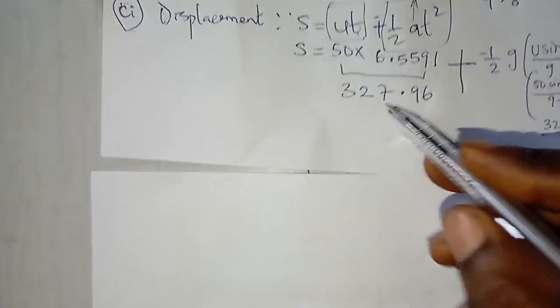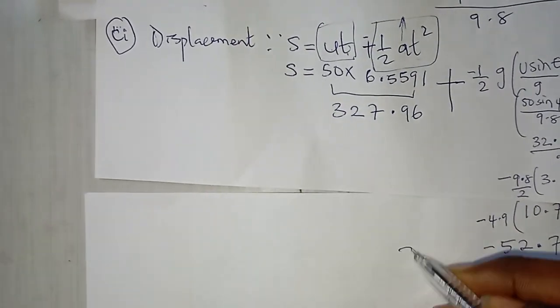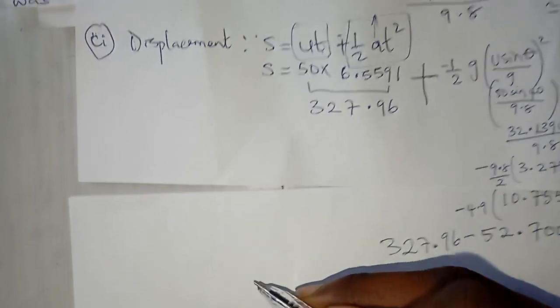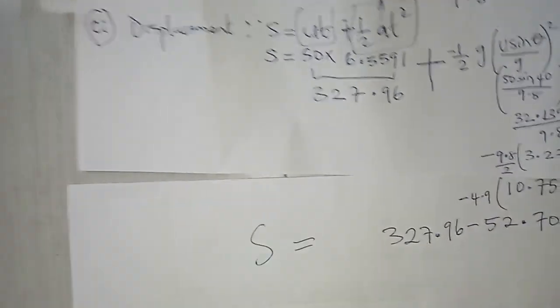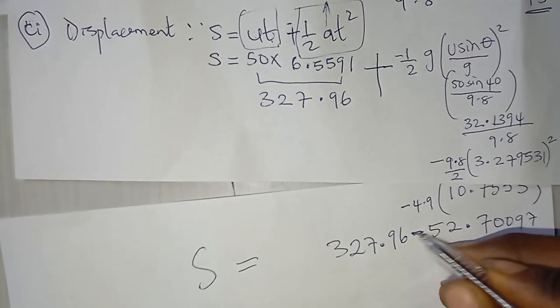So remember, I got the product, I got everything for this to be 327.96. So the displacement S will be equal to everything here minus everything here.